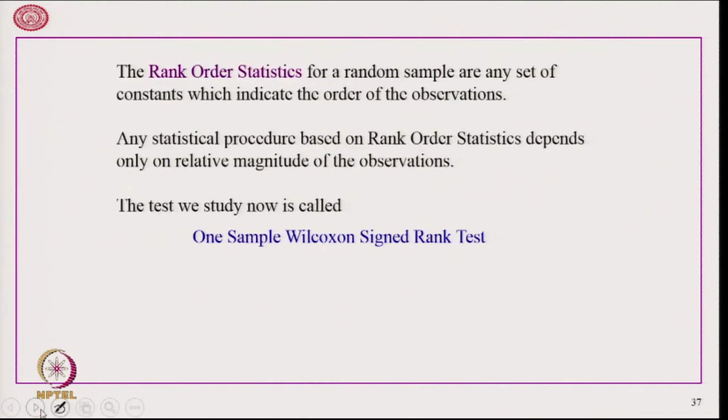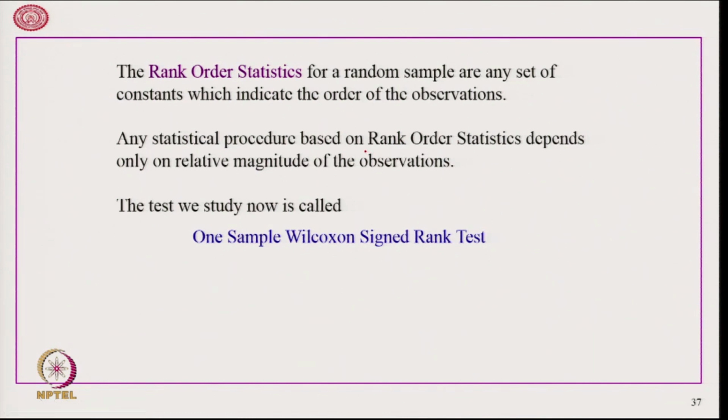What is that? The rank order statistics for a random sample are any set of constants which indicate the order of the observations. So, we are not just looking at whether it is plus or minus, we are also looking at the value. That means, in this case, whether it is greater than or less than m naught, we are looking at how much it is greater than m naught or how much it is less than m naught.